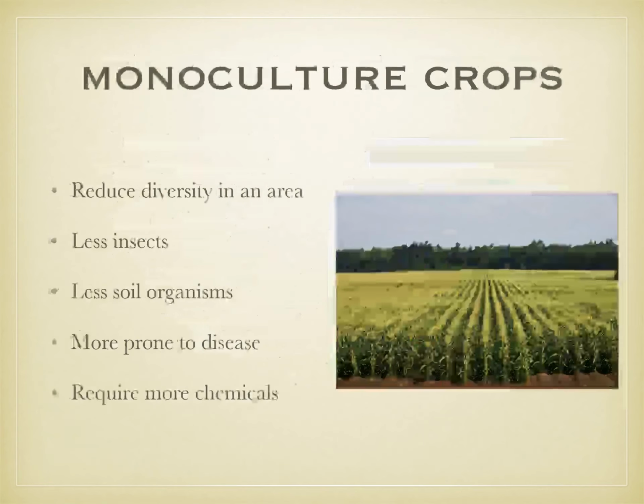The monoculture crops, the main problem with the monoculture crops is decreased biodiversity. And the thing with biodiversity is you need your insects and your different kinds of flowers and weeds and so on to actually increase the health of the soil and increase the health of the actual ecosystem itself.